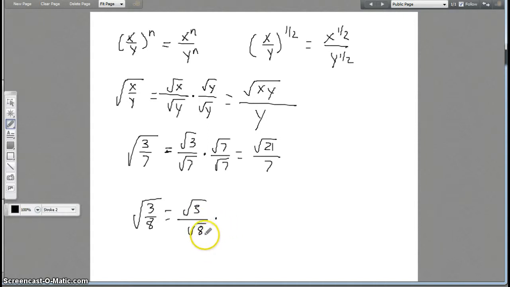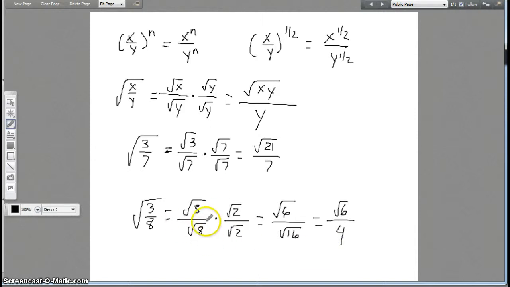You just have to multiply by something that will make your 8 a square number. 8 times 2 is 16. So you could multiply this by square root 2 over square root 2. And that will give us square root 6 in the numerator and square root 16 in the denominator, which is square root 6 over 4.